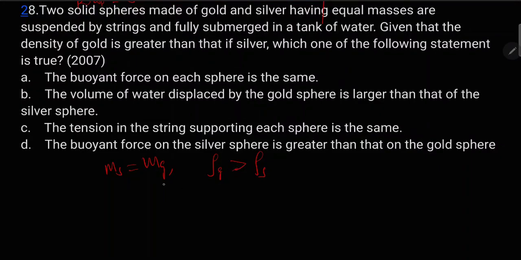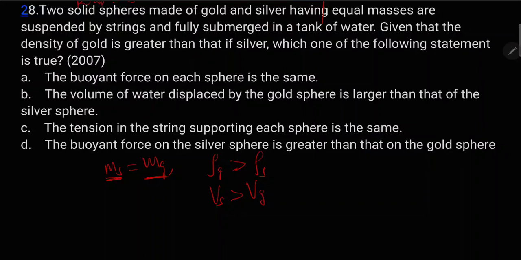Since they have the same mass, if mass of the silver is equal to mass of the gold, and density of gold is greater than density of silver, it means volume of the silver is greater than volume of the gold.